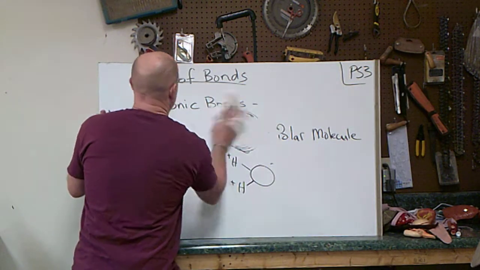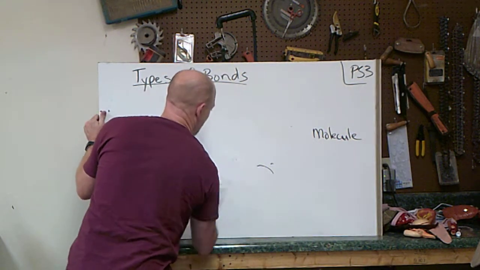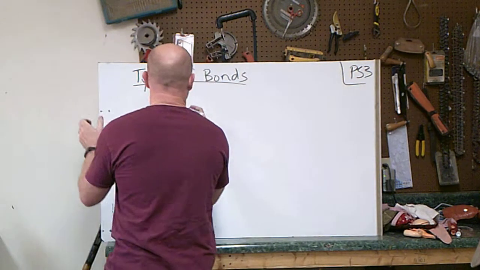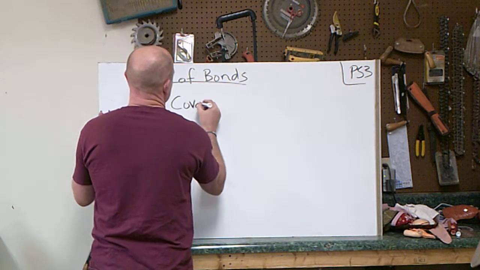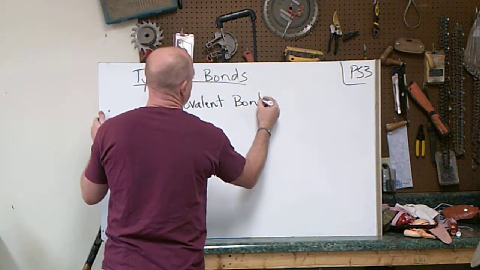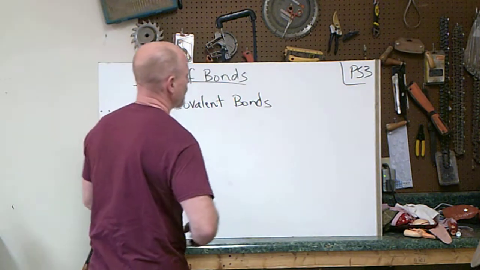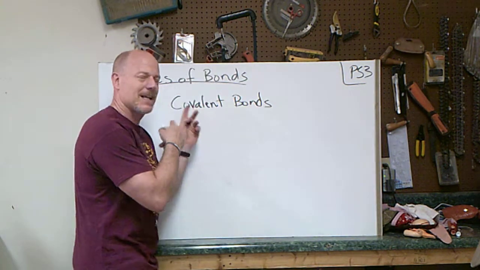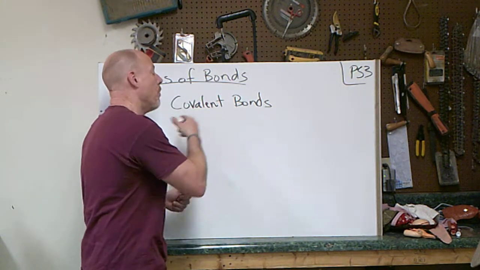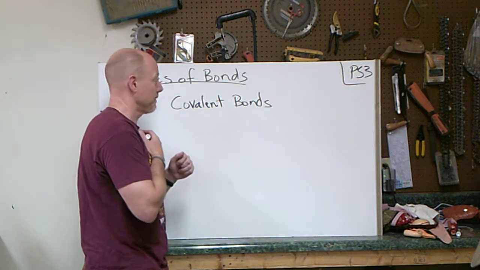Let's go to the next kind of bond. We have ionic bonds. We also have covalent bonds. Now, if we're talking about relationships and making analogies to these kinds of bonds, I hope the kind of relationships you have are covalent relationships.